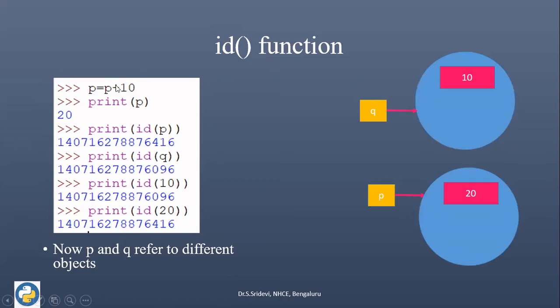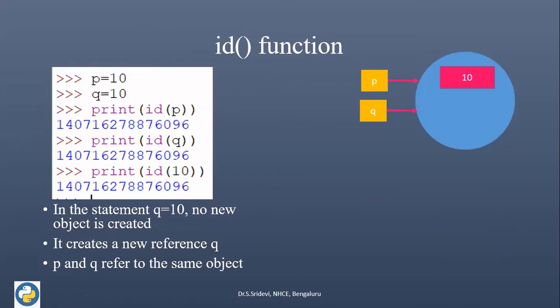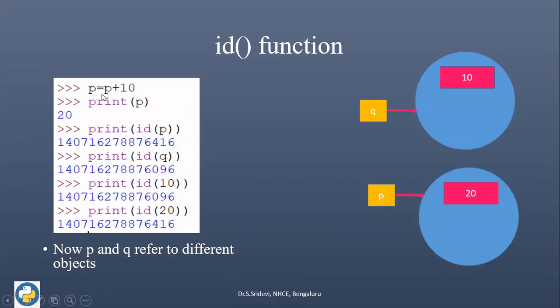Now let's see one more example. We have already created p, and p has the value 10 as per this example. Now I am writing the statement p is equal to p plus 10. When this statement is executed, the old value of p is 10, and now 10 will be added to it. So the new value will be 20, and that should be stored in the object reference p.